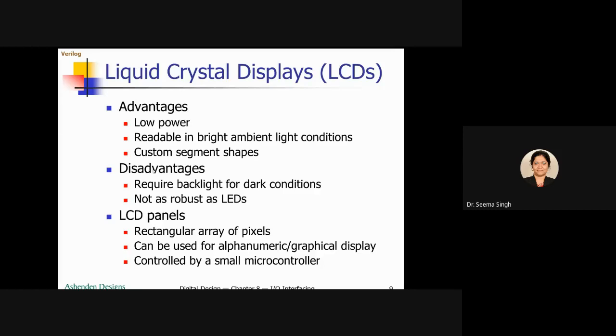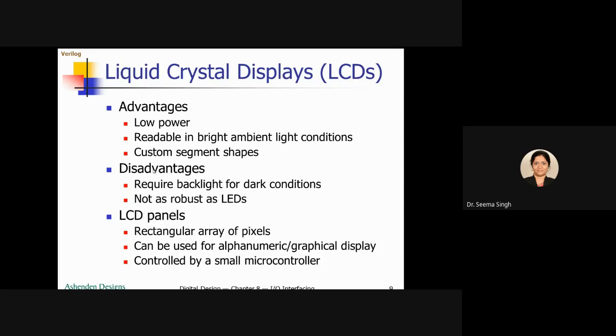If it is an LCD display, it will be able to display even in light. And it comes in various shapes because a liquid helps us to display the thing, so it comes in various segment shapes.